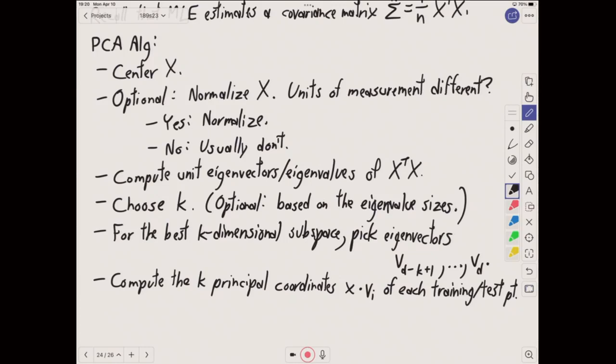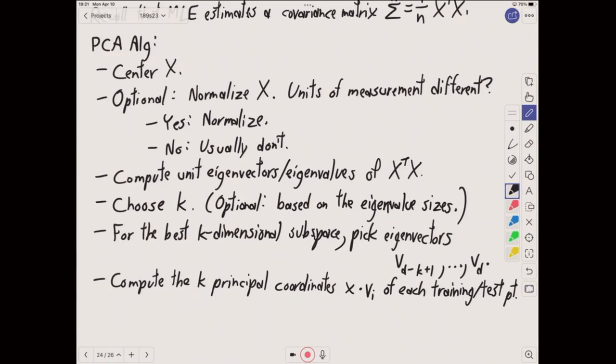So how do training and test data differ? For instance, suppose that you're using PCA as a pre-process for regression. The regression algorithm is going to have training points and test points. So you'll be doing PCA on the training points, and then you'll feed those lower dimensional principal coordinates into the regression algorithm, and do regression on those.